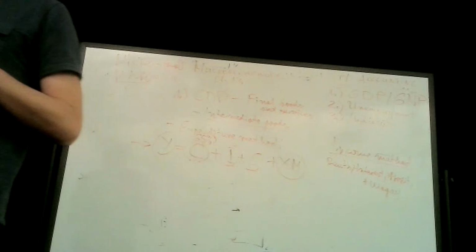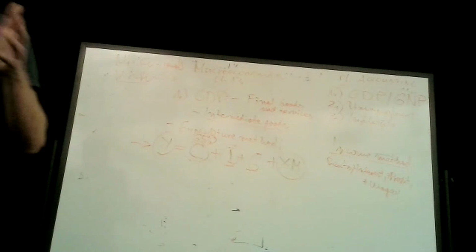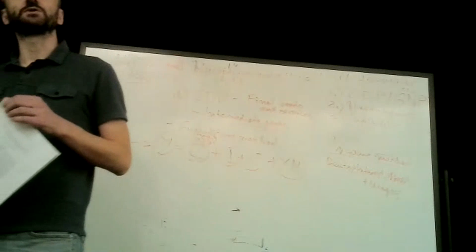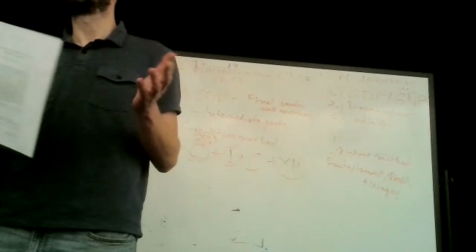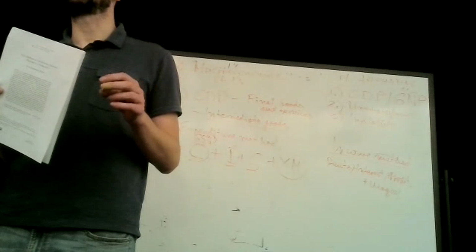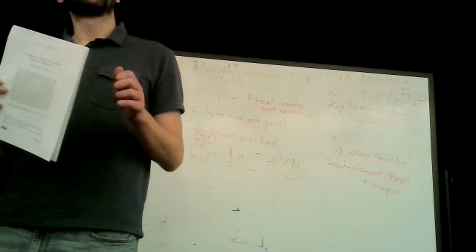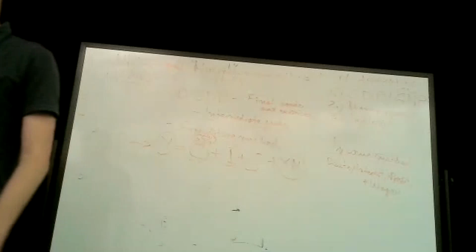You try to measure how the economy is doing by how much new goods and services it produces every year. What is the unit in which GDP is expressed? What do you think? Is it a quantity or is it a monetary unit or what? Yeah, dollars. It's a monetary unit.